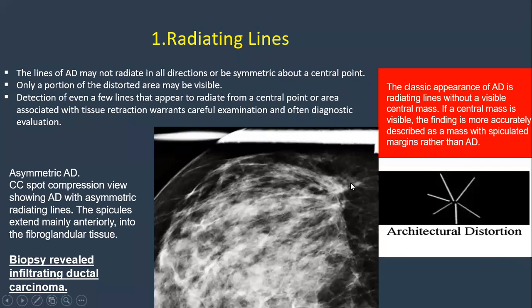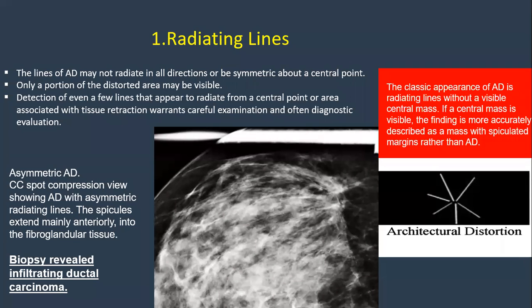As you can see in this lesion, the lines are radiating toward the anterior aspect only, but they are very long lines projecting into the parenchyma. It can be asymmetric; you don't always see these lines in all directions. You can see them in one direction, or in some and not the others, and sometimes the image itself does not include the whole area of distortion.